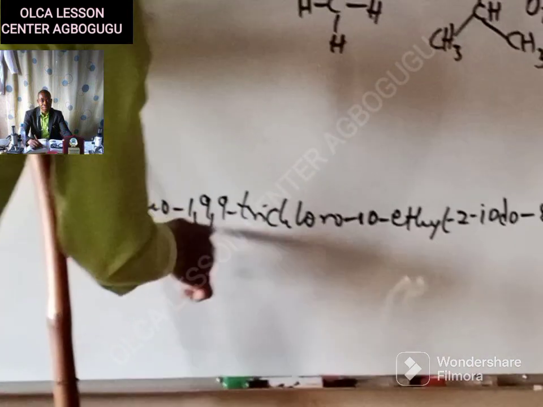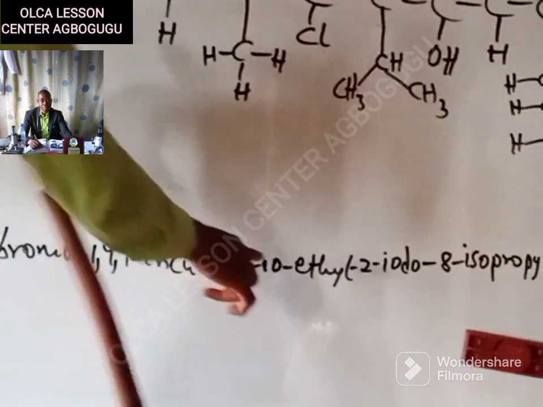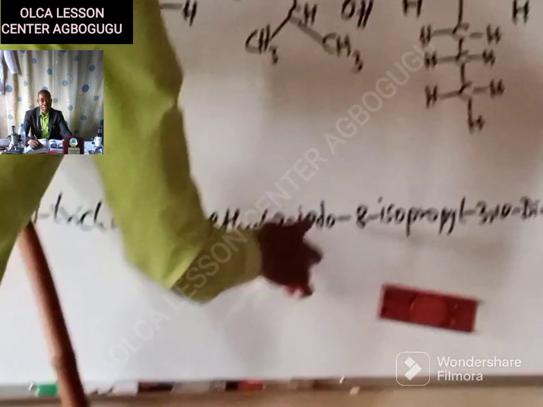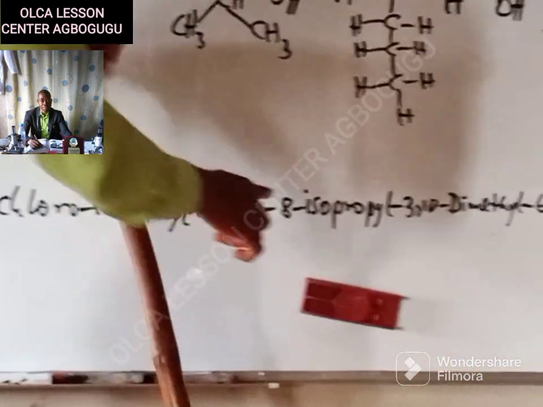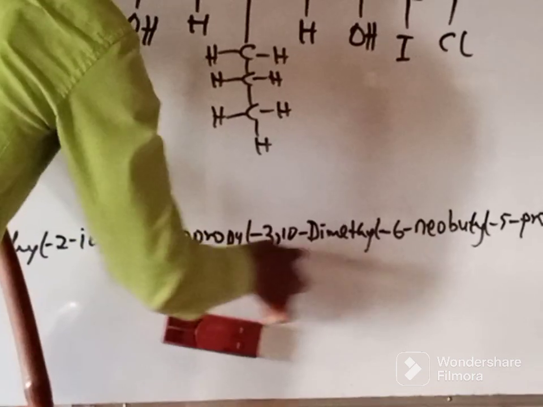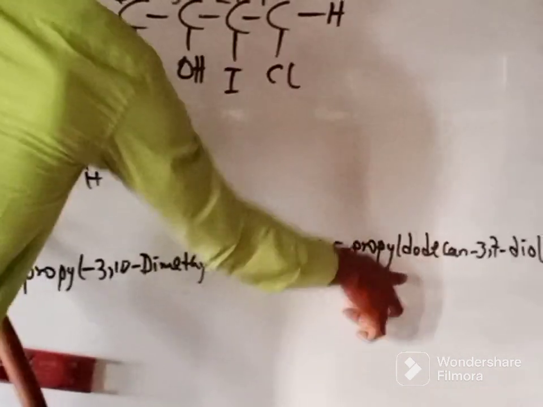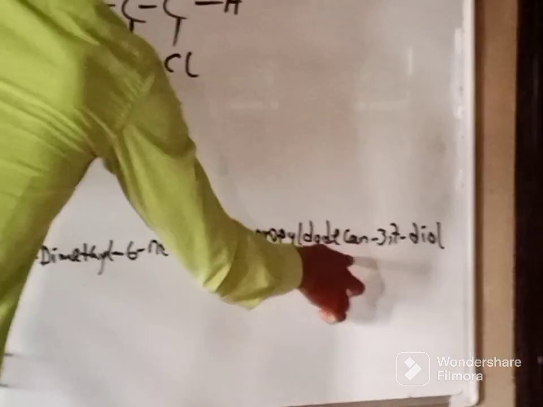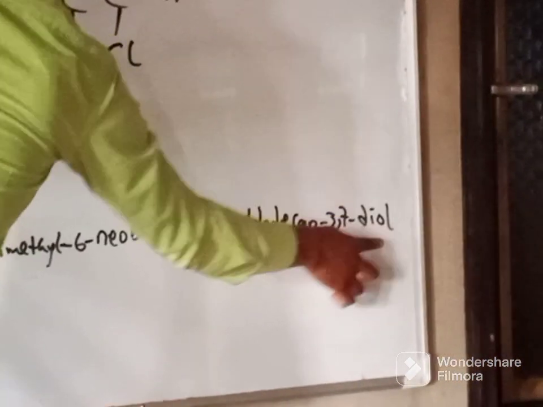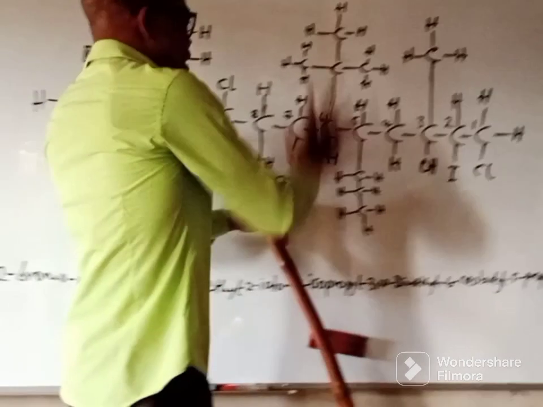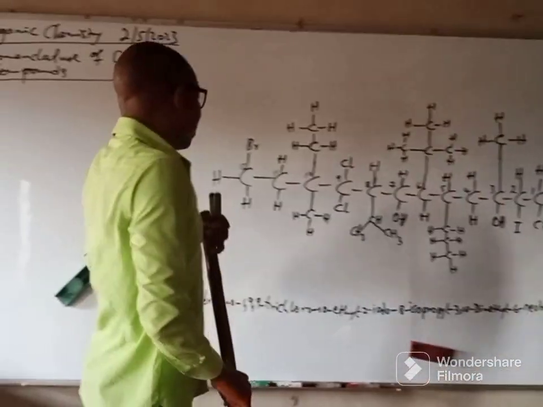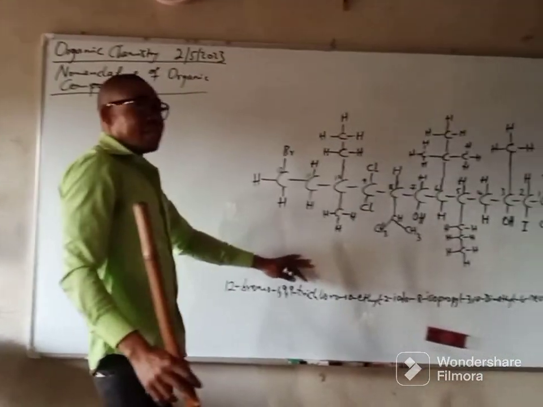So the name goes like this, based on what I just explained: 12-bromo, 1,9,9-trichloro, 10-ethyl, 2-iodo, 8-isopropyl, 3,10-dimethyl, 6-neobutyl, 5-propyl, dodecane-3,7-diol. So that is the structure of the organic compound and the name. Thank you very much.